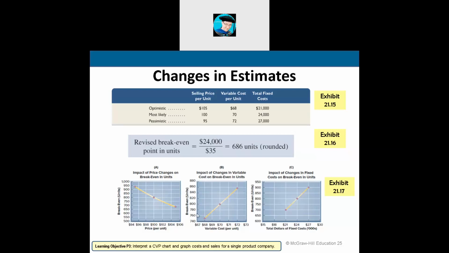Based off of that information, 24,000 divided by $35 per unit gives me 686 units I need to sell to break even. Okay, this was revised. Now, the reason why it was revised is because there was a change in my sales price per unit.